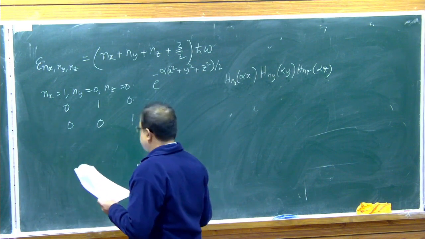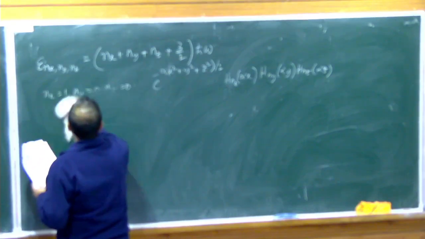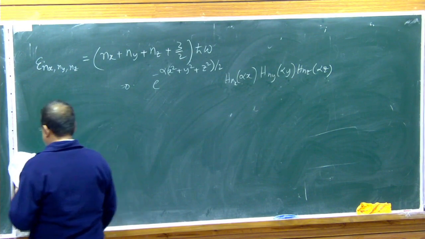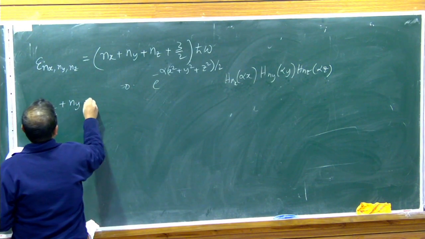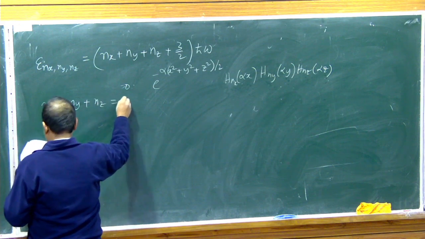Let us do it for this problem. So nx plus ny plus nz is equal to n.